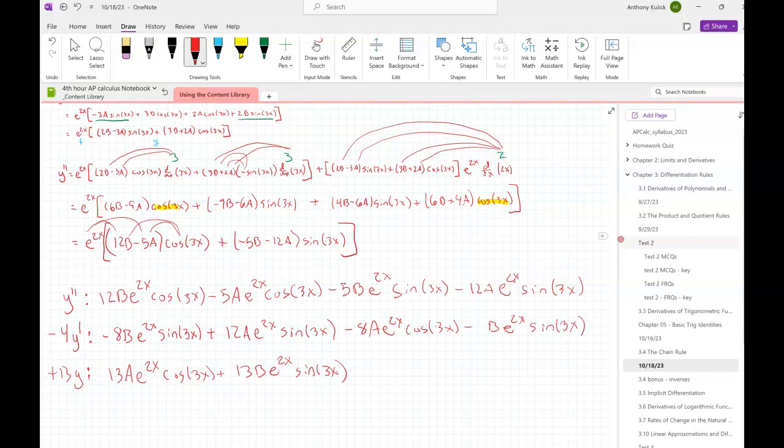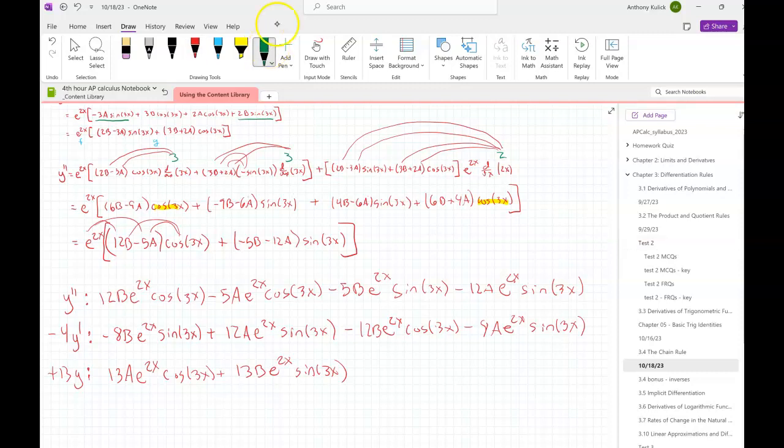It's 8, 12. Oh, this one was supposed to be the... No, so I did that in the wrong order. Hold on one second. 3b times negative 4 is negative 12b, and then 2a times negative 4 is negative 8a. Okay.